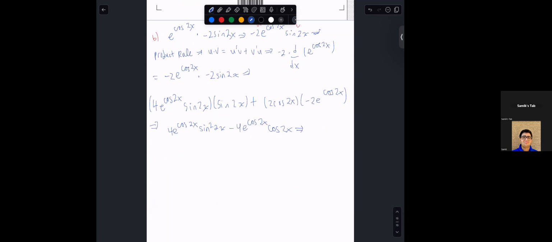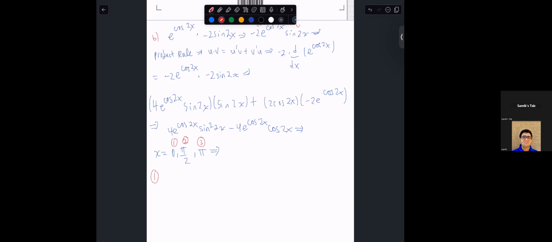Now we can test the values from part A to see which are maximum and minimum. Our values from part A were x equals 0, pi upon 2 and pi. So let me just assign these as 1, 2, 3.